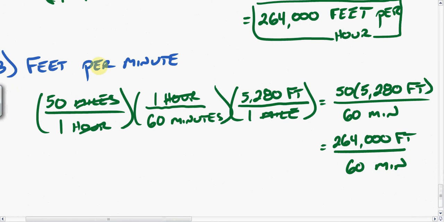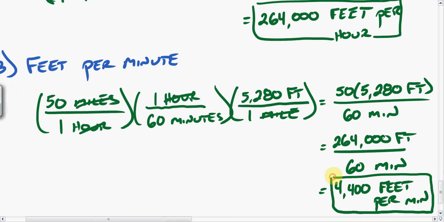But I don't want it in feet per 60 minutes. I want it in feet per minute, so 1 minute. So I just have to divide the numerator by 60. 264,000 divided by 60 is 4,400. So our answer is 4,400 feet per minute. Okay, that's it.